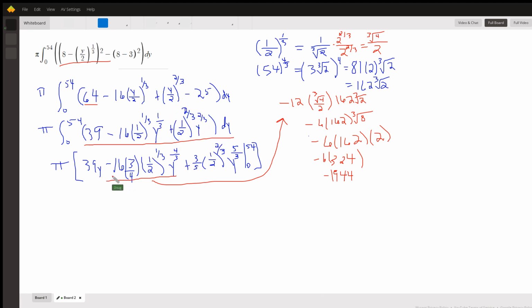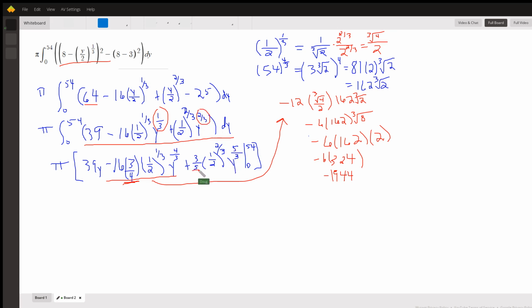So 39y minus 16 times 3/4 times 1/2 to the 1/3 times y to the 4/3. In other words, I raised this exponent by 1 and multiplied by the reciprocal of the new exponent. And we do a similar thing over here. Raise this exponent by 1 gives us 5/3.